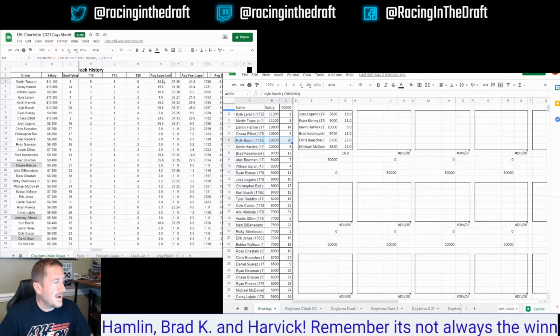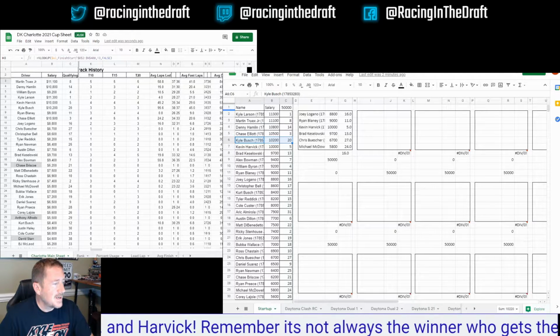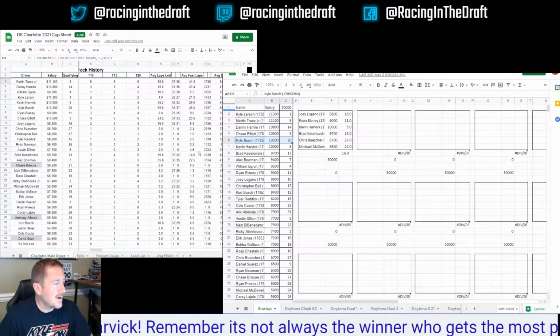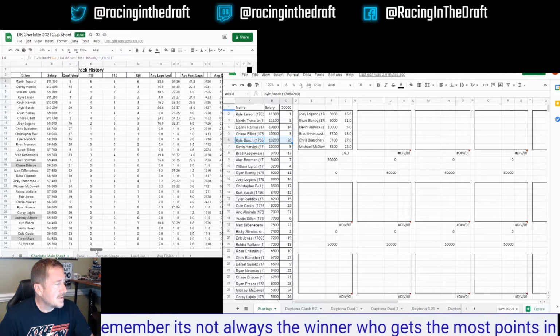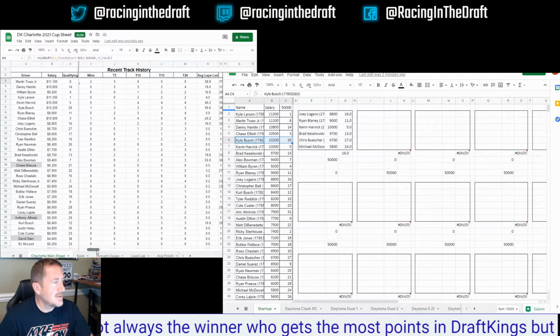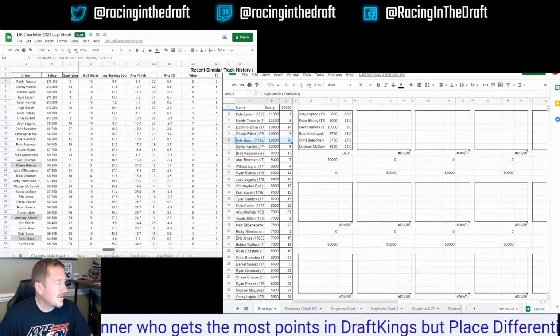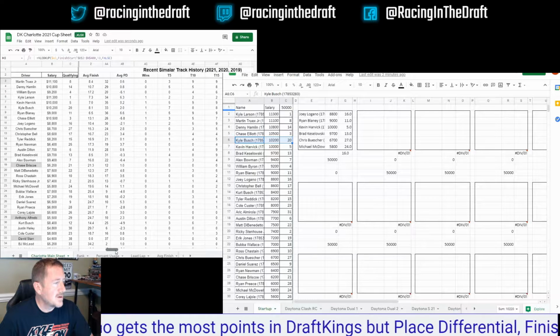And it's got their average laps led, average fast laps, and their average DraftKings points. This is strictly recent track history. I look at the last 5 races at that particular track. So my next set of groupings is recent similar track history.